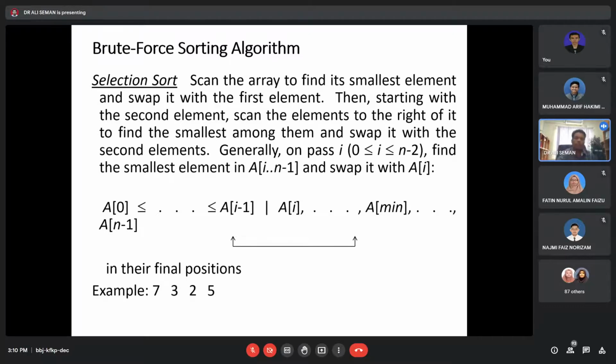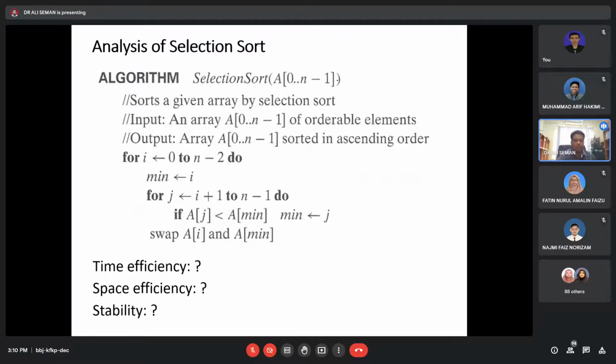Finally, we get the final result: the list is sorted. So this is the algorithm. I think from here you can read it. This is pseudocode, right? When we write pseudocode, basically we have the name of the algorithm and the parameters here. These are the input. You still remember when we defined the algorithm, the input must be valid or must be precise.